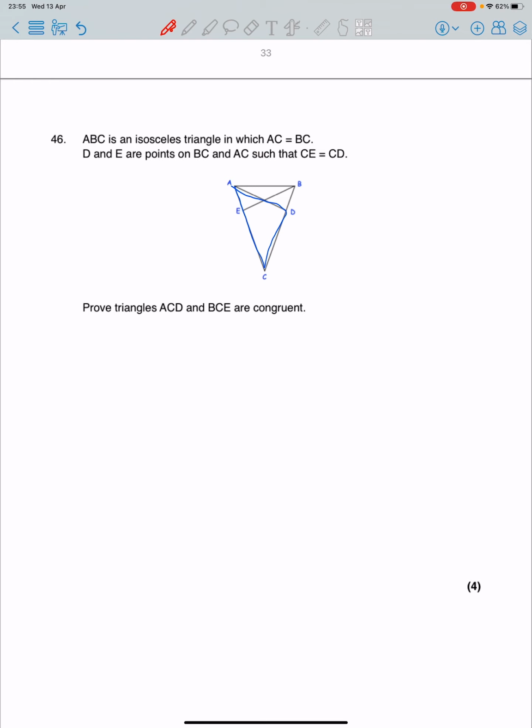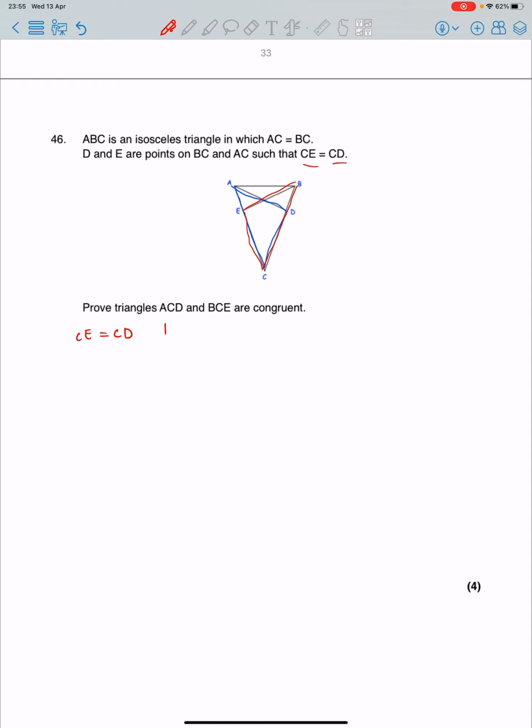Well, what can we see actually? Okay, so we know that CE and CD are equal. So CE, yep, CE is equal to CD.